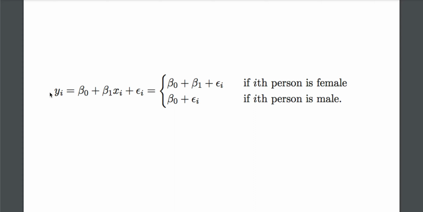So if Y is the response, X is gender, when the gender is female, then the response is beta 0 plus beta 1 plus some irreducible error. But if gender is male, then the response is beta 0 plus noise.